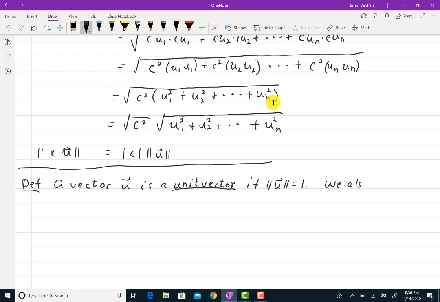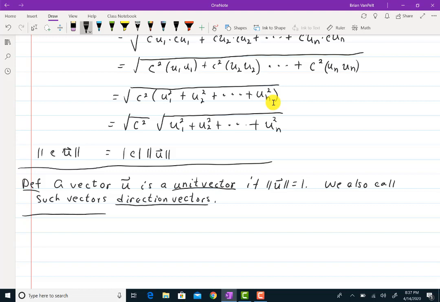We also call such vectors direction vectors. I seem to remember it's popular within calculus to refer to a unit vector as a direction vector.